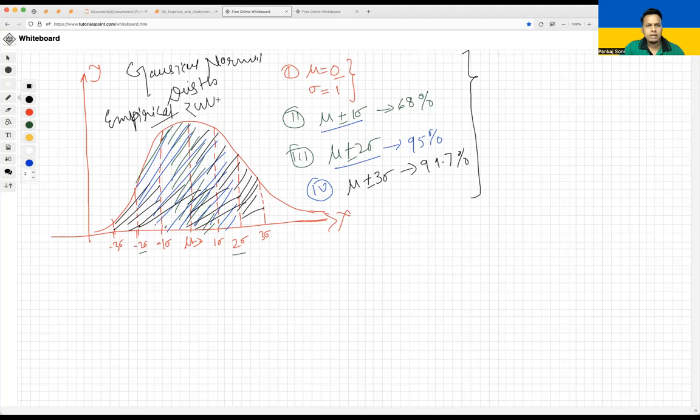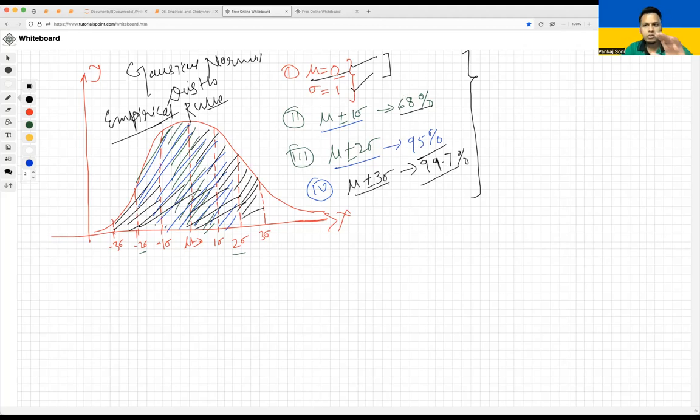The empirical rule says whenever your data is normally distributed, then it is going to have mu, that is the mean of the whole data set for population or the sample, equal to 0, and standard deviation of population or sample equal to 1. That is the first rule. Second rule, 68% of your data will lie between mu, that is mean, plus minus 1 standard deviation. 95% of data will lie between mu plus minus 2 sigma, and 99.7% data will lie between mu plus minus 3 sigma. That is what your empirical rule says.